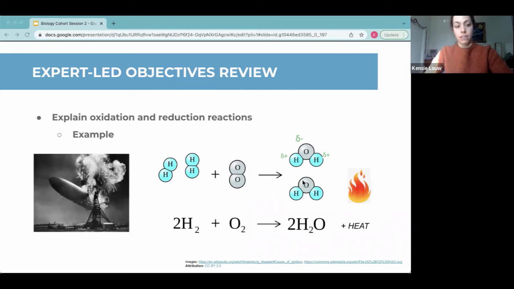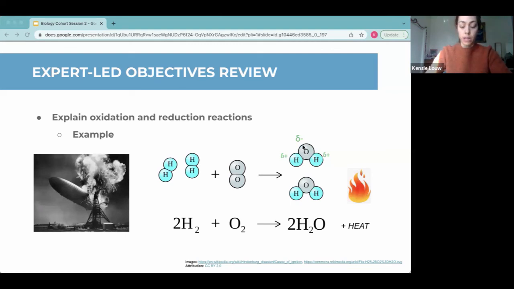Then you move to the right side of this equation, and you have H2O. And we know that there is a difference in electronegativity between these two atoms, the hydrogen and the oxygen. Oxygen, again, is much more electronegative than hydrogen. So oxygen is hogging the electrons, and you could say that it gained the electrons.